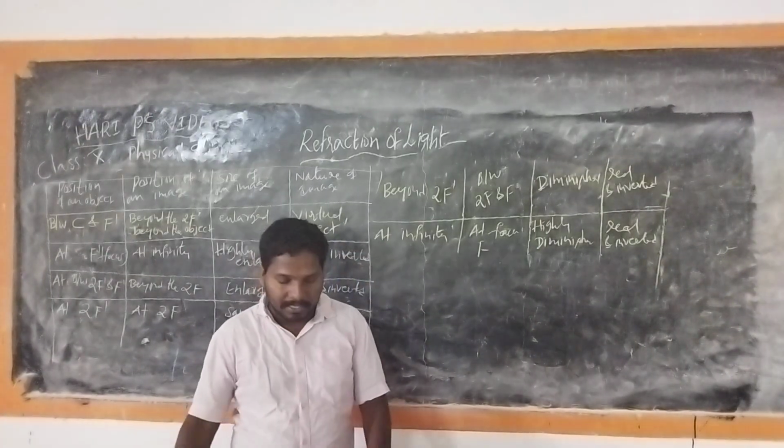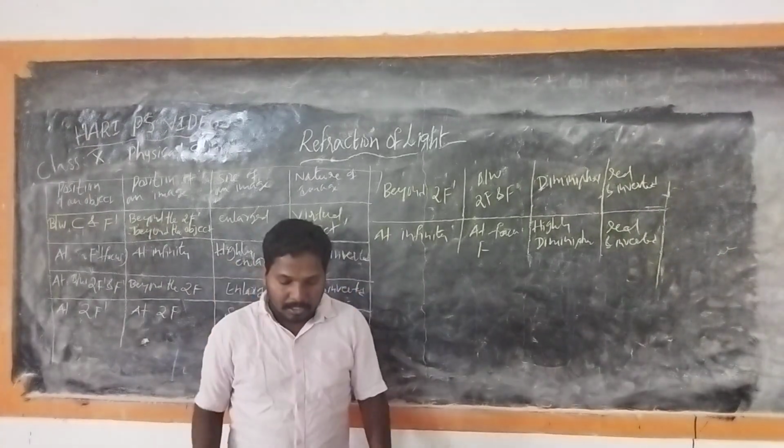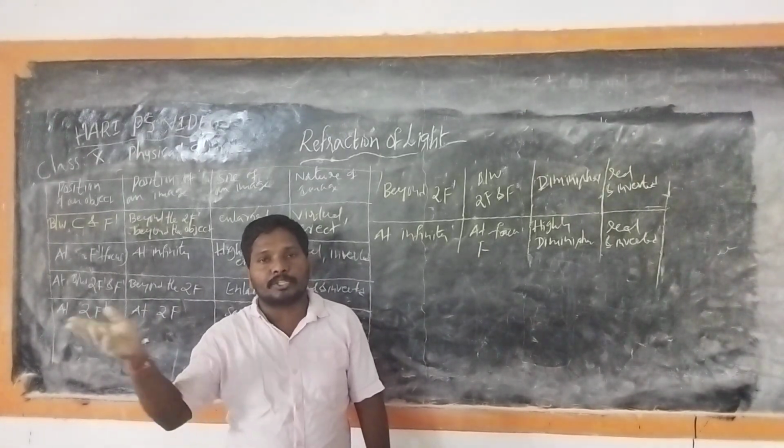Uses of convex lens. Convex lenses are used in spectacles to correct the defect of vision called hypermetropia.